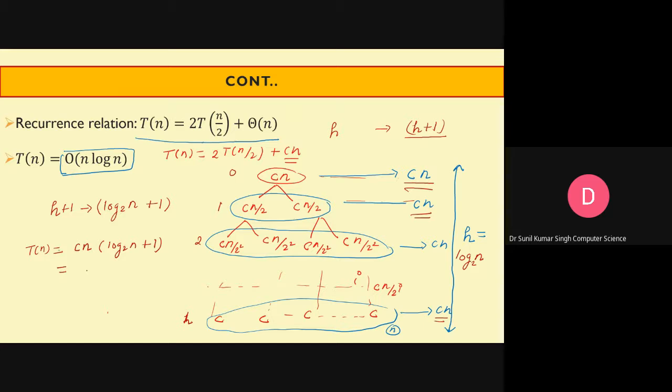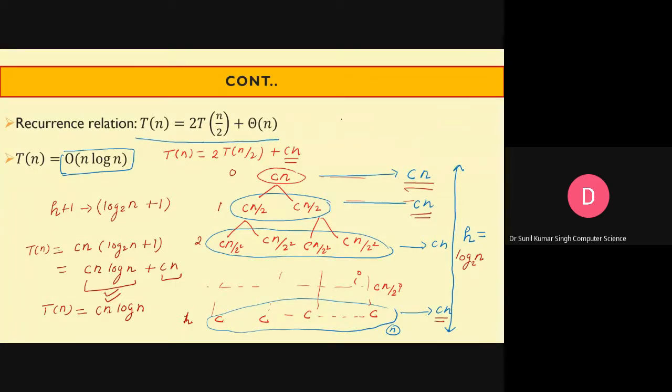So if we express it, it will be something like Cn log n plus Cn. Now you can see the dominating term in this expression. This one is the dominating term. So maybe you can write T(n) is equal to C n log n.